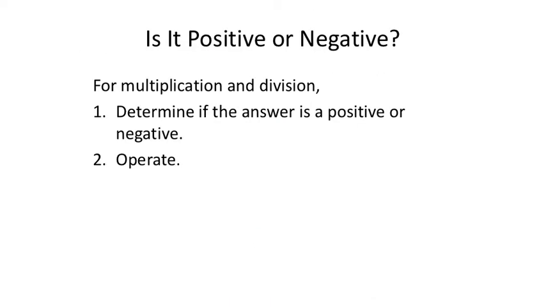All right, so in determining if answers are positive or negative, especially when we're just dealing with two terms, we're going to use that process of just saying, okay, negative and a negative is positive, positive and positive is positive. But when they are opposite signs, then we're going to make the answer a negative. So that's our first step. Just like we would with addition or subtraction, we want to determine if the answer is positive or negative, and then we will perform the operation, which in this section we're just looking at multiplication or division.